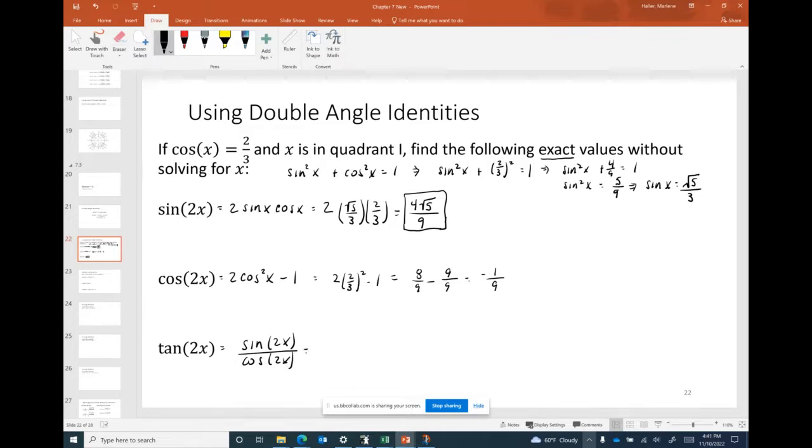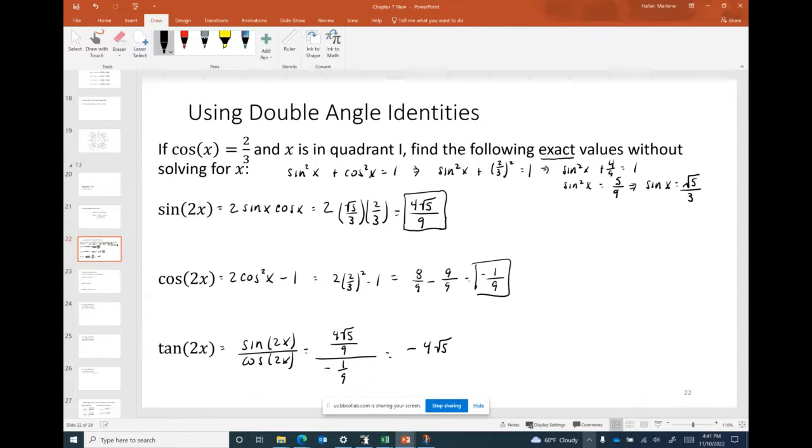And we know those values now, don't we? The sine of 2x is 4 square roots of 5 over 9, and the cosine of 2x is negative 1/9. So when we simplify this, the tangent of 2x is going to be negative 4 square roots of 5.